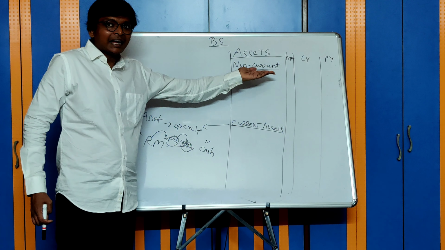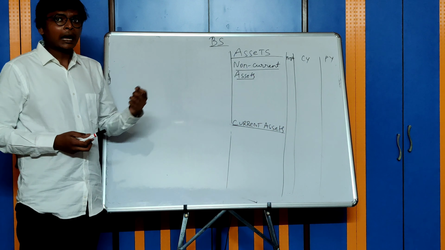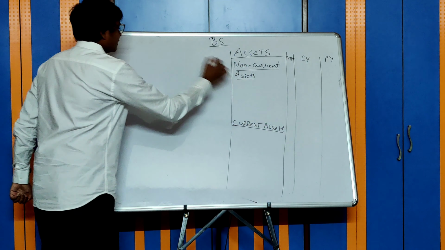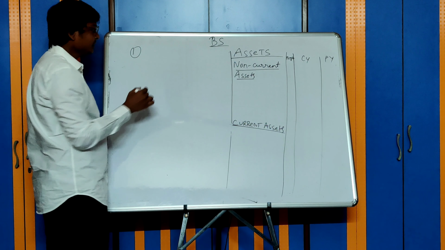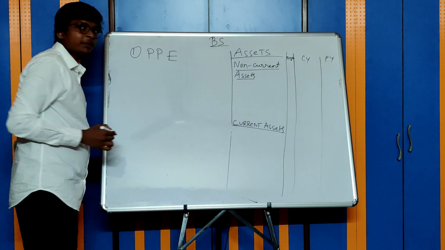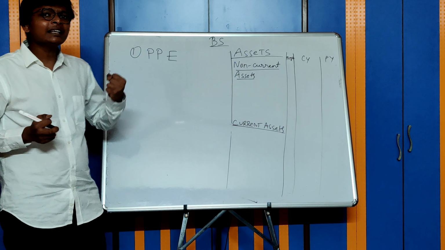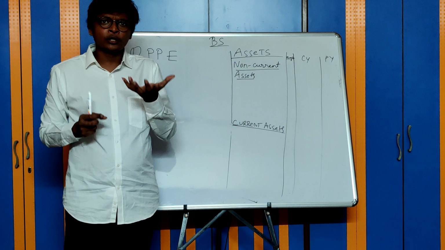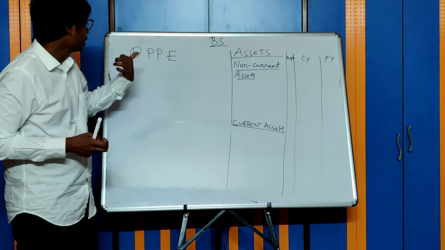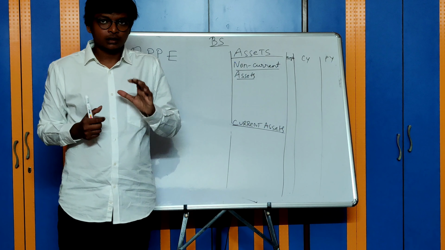Now let us look at the items in the non-current asset. Under non-current assets, the first item we have is property, plant and equipment, PPE. AS 10, property, plant and equipment. Earlier this was called fixed assets. During your school days, it's fixed assets. Now it is called property, plant and equipment. So why the change?